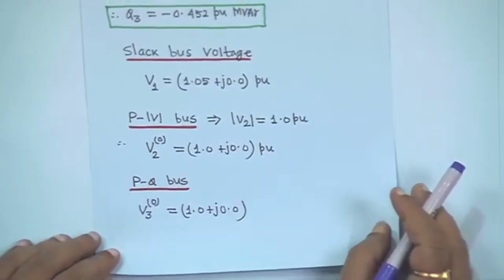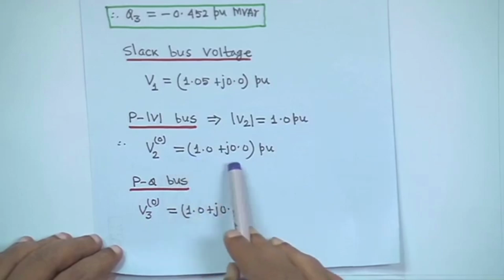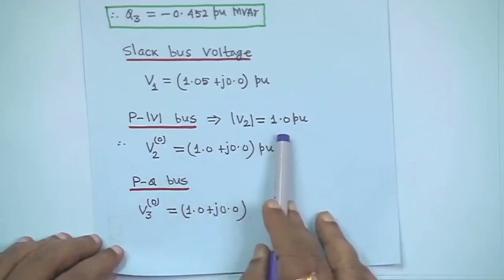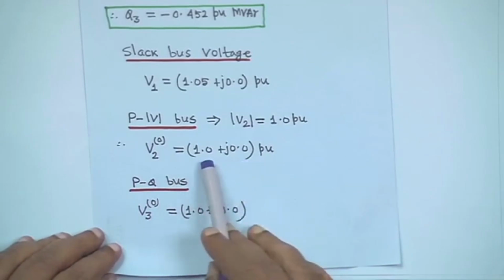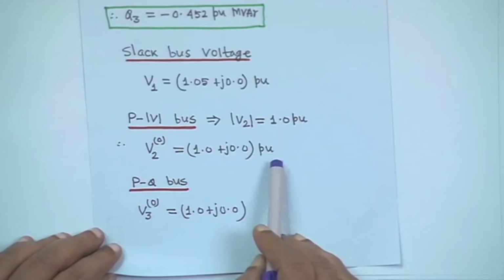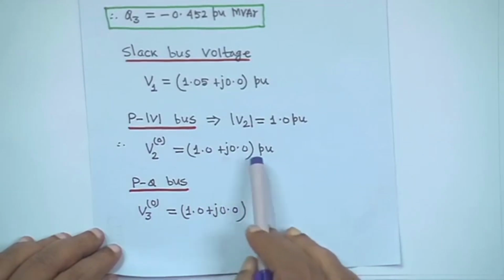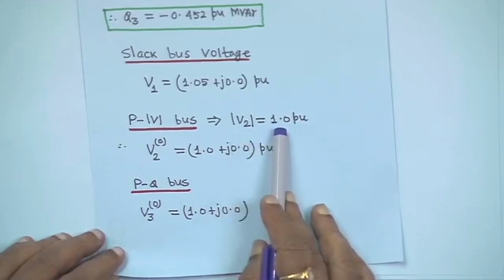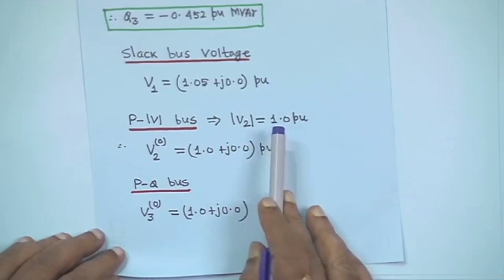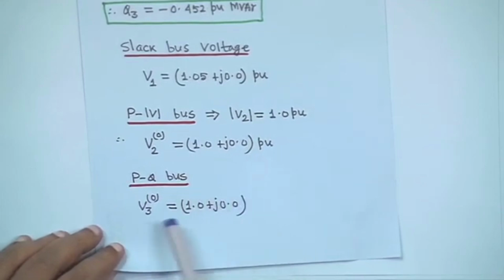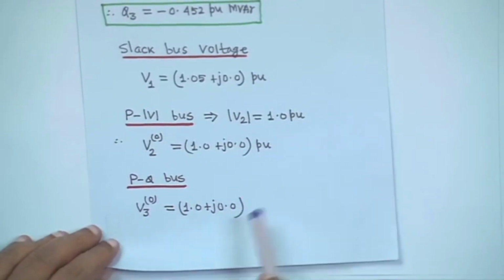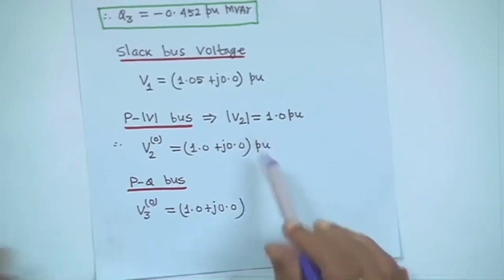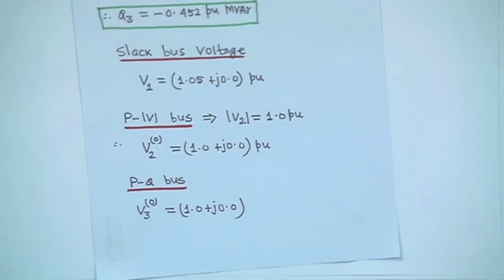Although this voltage magnitude is actually constant, you assume V2(0) is equal to 1 plus j0, that means the magnitude is 1 but the initial angle is 0. The magnitude will always remain constant, untouchable, as it is given. For the PQ bus, V3(0) is 1 plus j0, but there both magnitude and angle will vary, whereas here the magnitude has to be kept fixed.